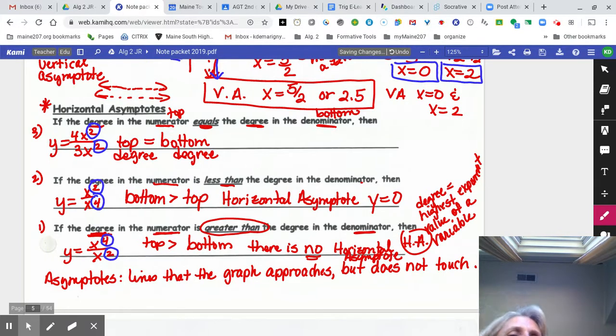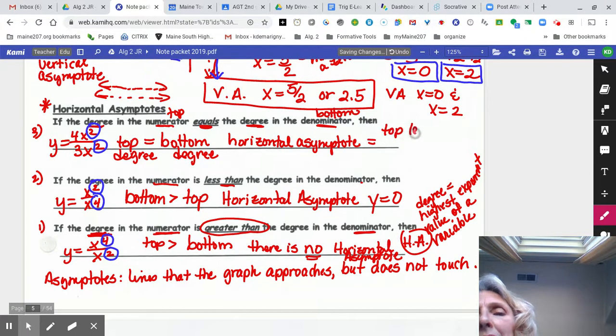If those two are equal, then your horizontal asymptote is equal to your top lead coefficient over your bottom lead coefficient.